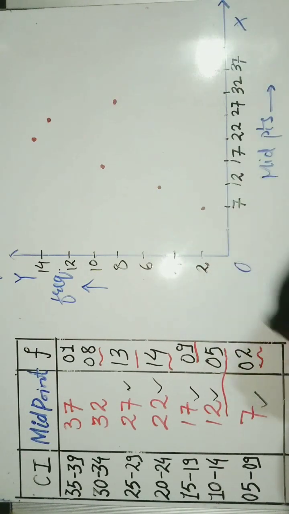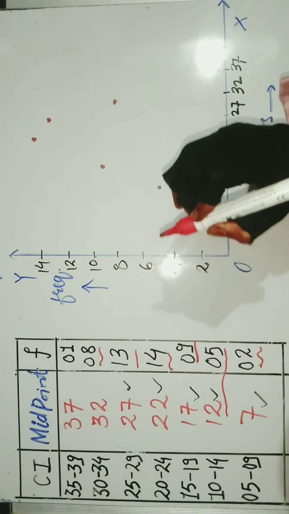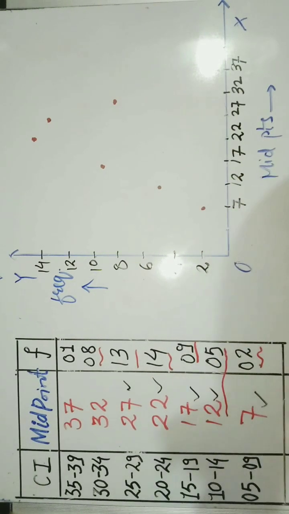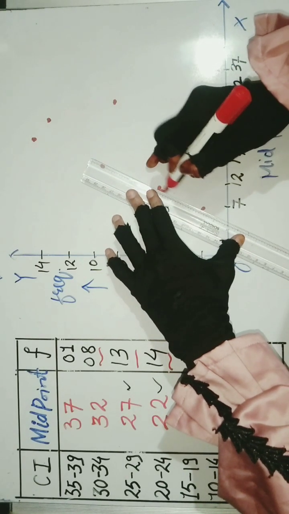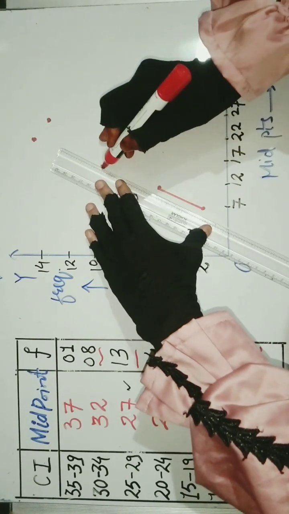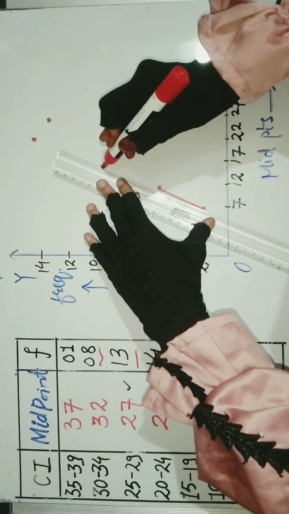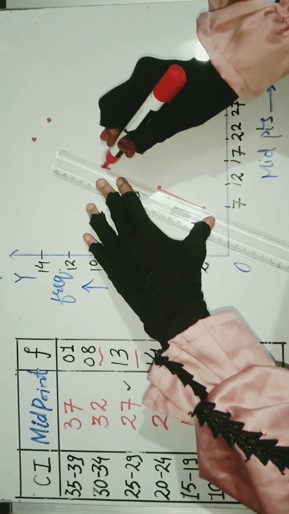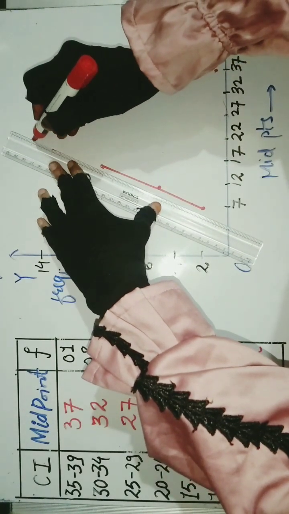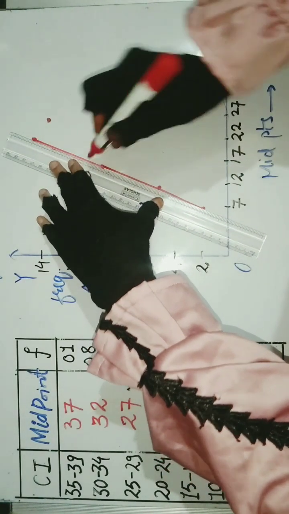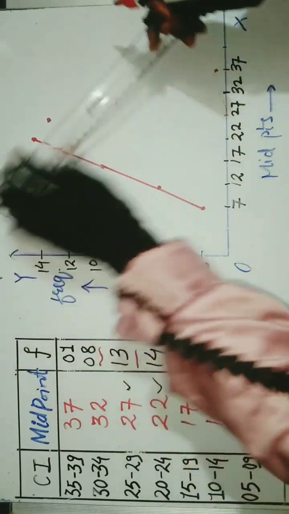Now join these points with the help of a scale. As you know, we are drawing a frequency polygon. A polygon is a figure that has many sides and it is a closed figure.